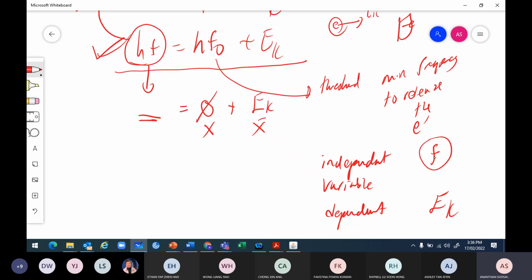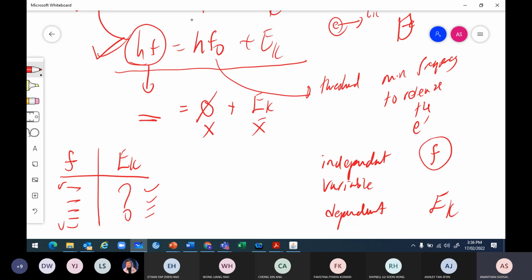So you do the experiment, right? First is the independent, in this case the frequency. Dependent should be kinetic energy. Now Einstein got data for frequency, from red light to violet, but kinetic energy you don't know how to find. If, let's say, he were able to find the kinetic energy, then we can prove this equation.